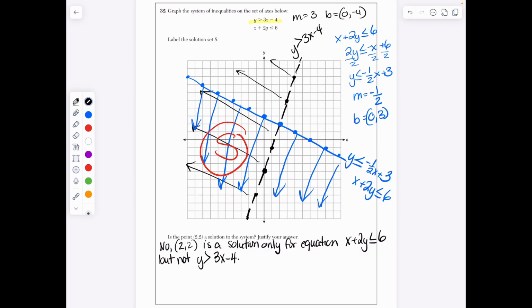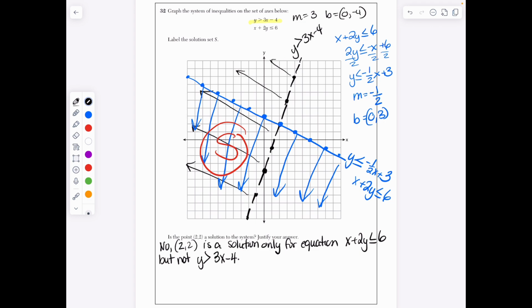Now, this is where a lot of kids have a challenge: explaining that one line is dashed and one is not, meaning the point is not in the solution set, it's on the line. That can be very confusing, and how you explain it really matters. So what you could do is actually evaluate the point to prove that.